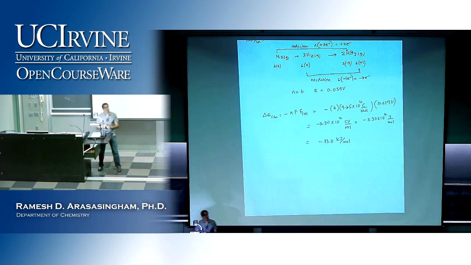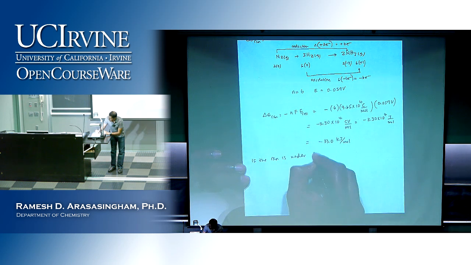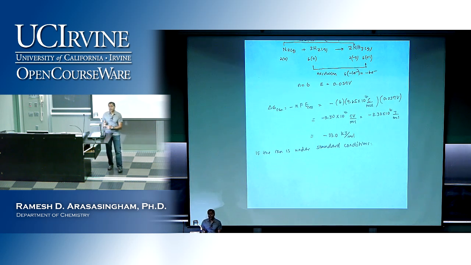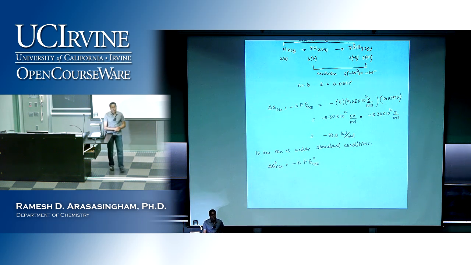Now, the same relationship, if the reaction is under standard conditions, all right, now what we do is we put that little nod. Remember, delta G nod reaction equals minus nFE nod cell.